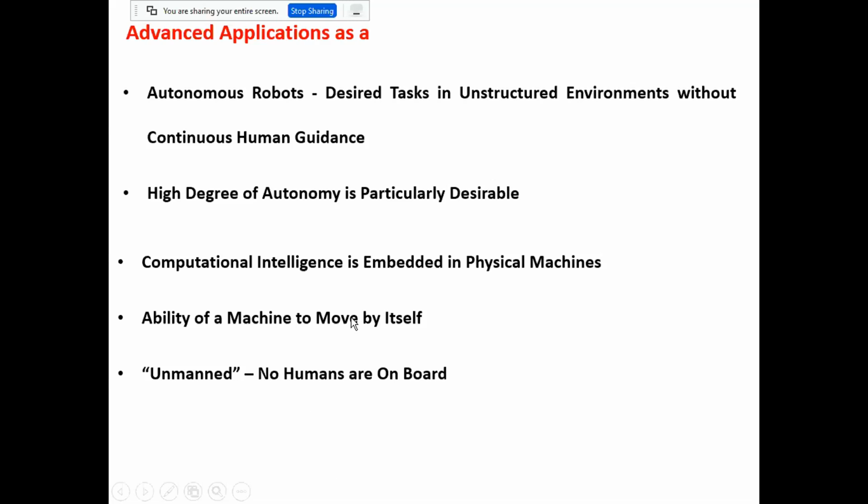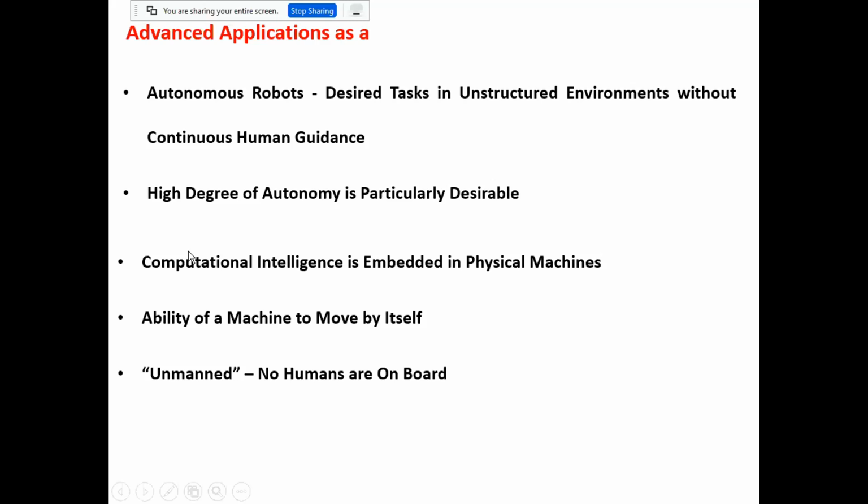The ability of a machine to move by itself, meaning autonomously, opens up an enormous range of applications that are uniquely suited to robotic systems, meaning the exploration of resources on the ground, underground, in the air, in space, under the sea.